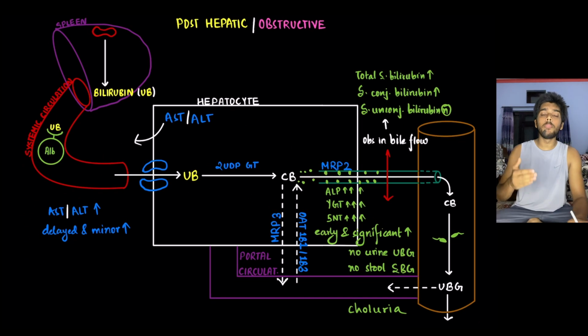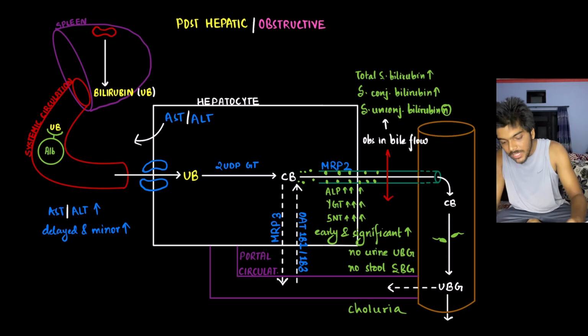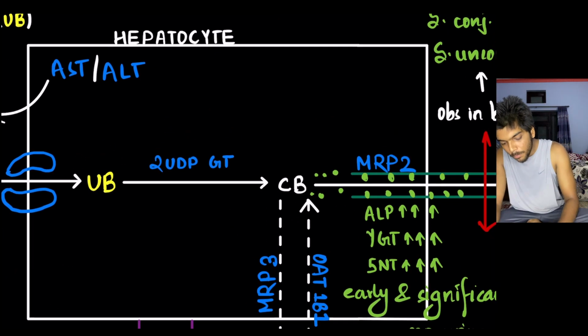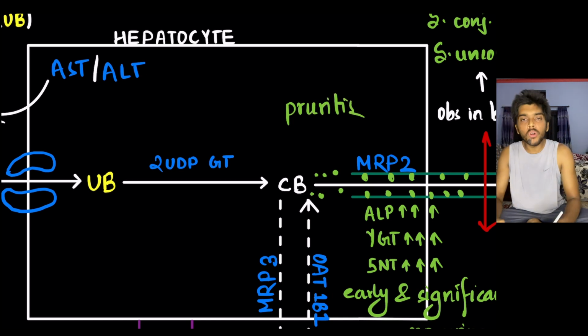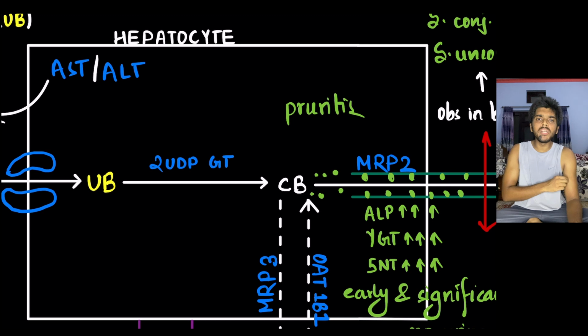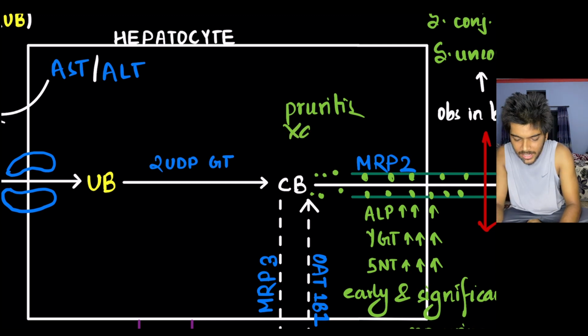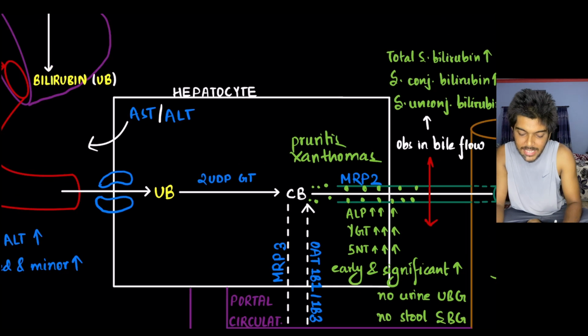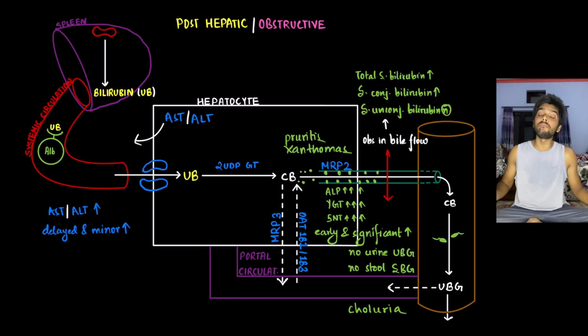Bile salt, when it reaches the skin, causes frequent itching, referred to as pruritus. As for cholesterol, it will deposit underneath the skin, resulting in xanthoma. So the patient presents with pruritus and xanthoma due to the presence of bile salt and cholesterol in blood circulation.